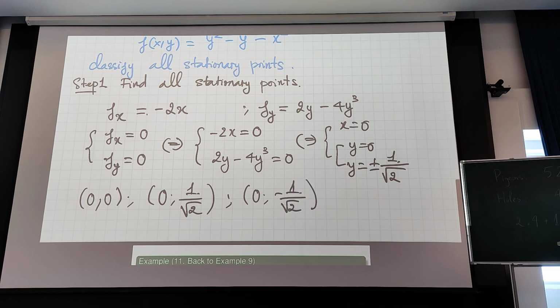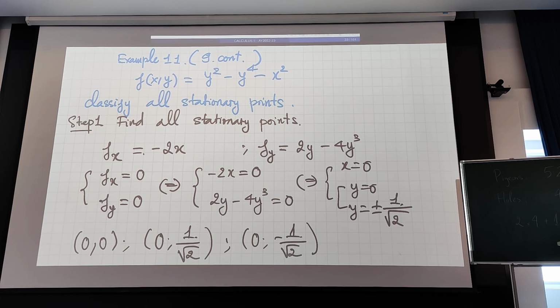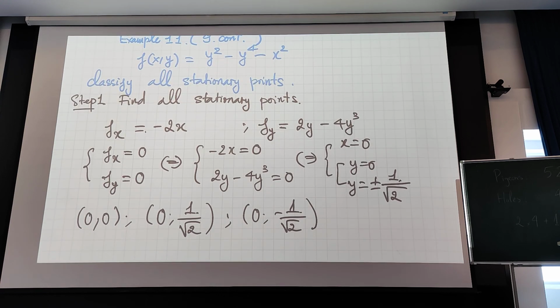And of course, you can see the given function is defined in the whole space R2, right? So the domain is the set R2. That means the points are interior points, and the gradient vector at the points is equal to 0.